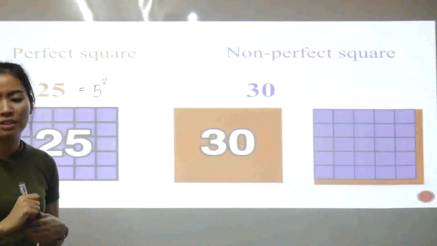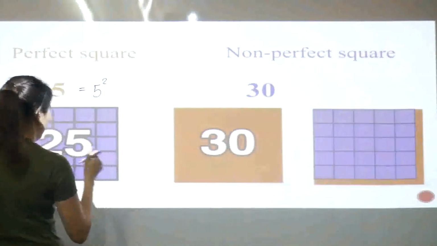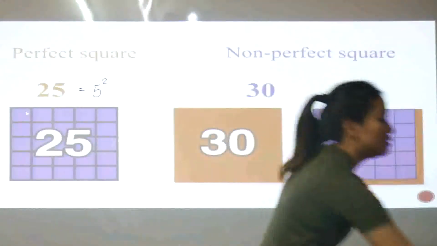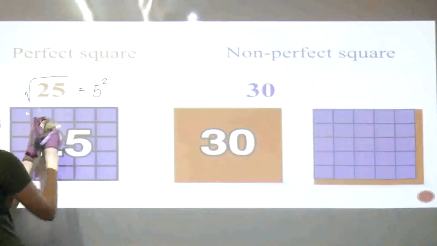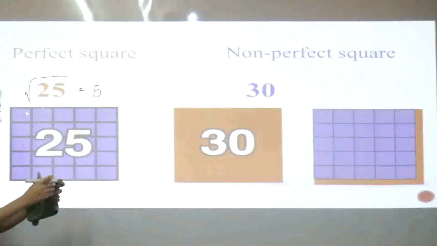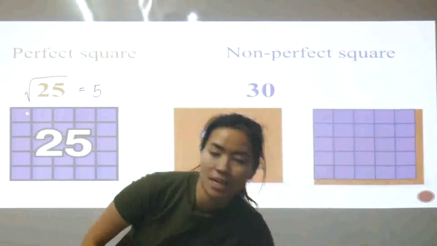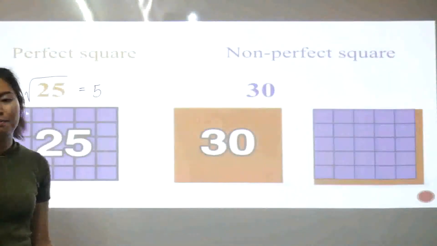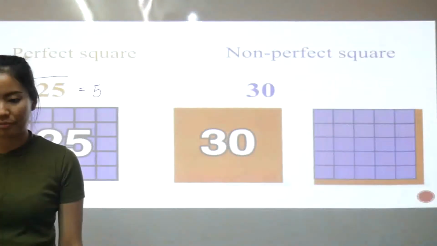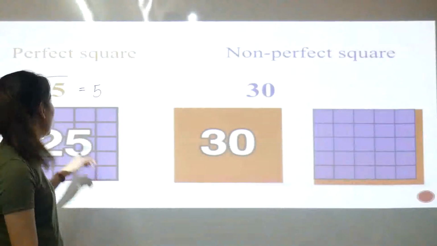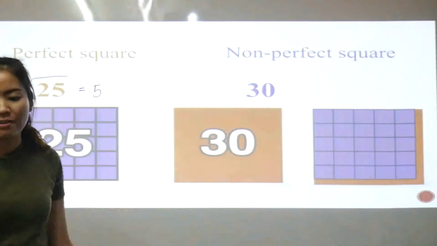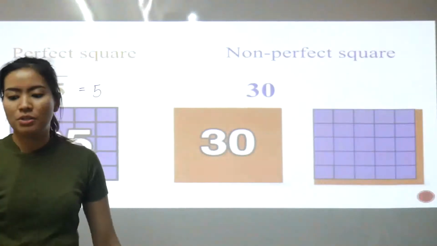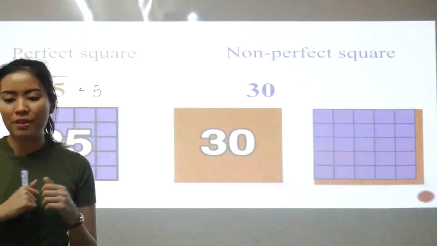And the square root of 25 will equal 5. Did you see? 25 is a perfect square, and 5 is a whole number, so by definition, everything works out.